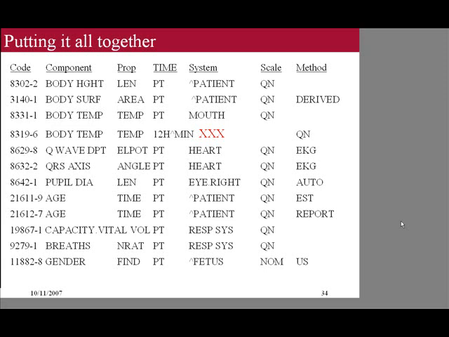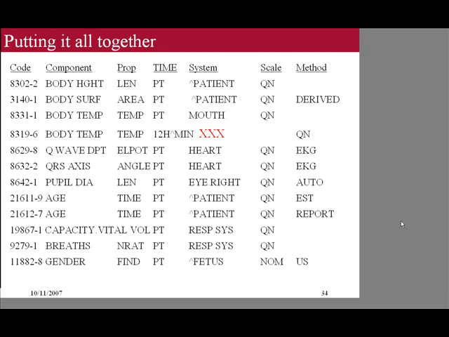So in the post-coordinated mechanism, I would use the primary code, and then I would have another code that said body temperature location, and I would send that second coding as a second OBX segment in the HL7 message to send that information along. So basically the things with XXX in them, you can use alone or in a post-coordinated fashion with other codes.